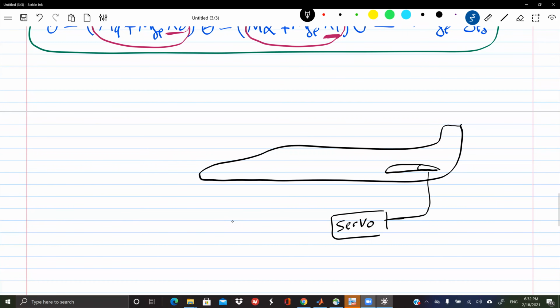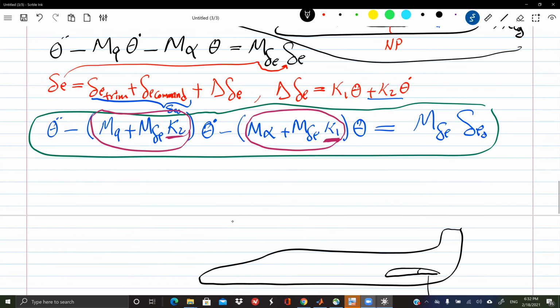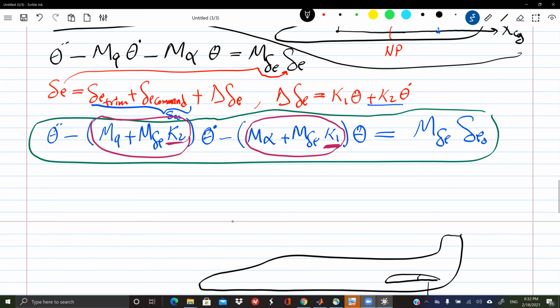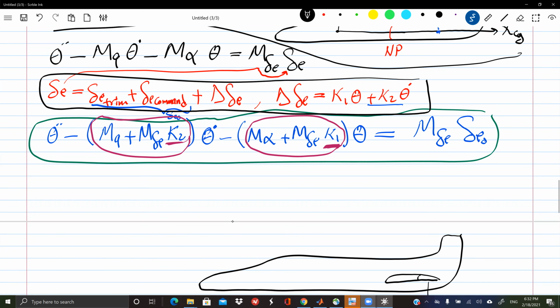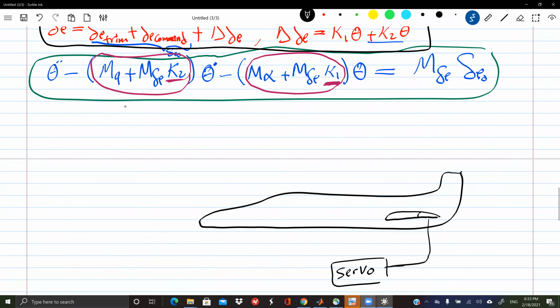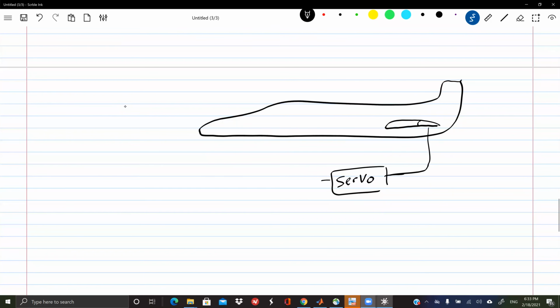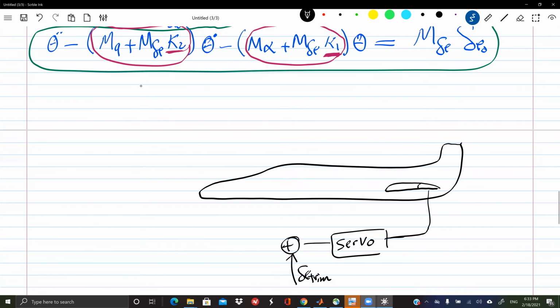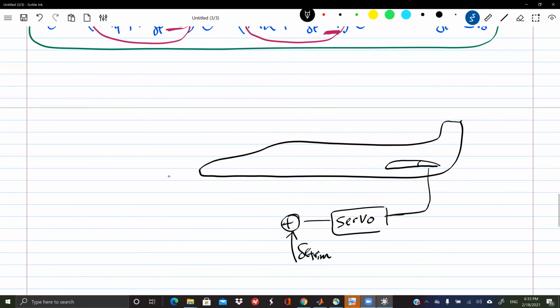All I need is to apply this equation for my delta elevator. There is some value coming from the trim. I'm going to sum many contributions. Delta elevator trim is coming from your computer. You compute it exactly like we did in the first half. There is another one coming from the pilot.